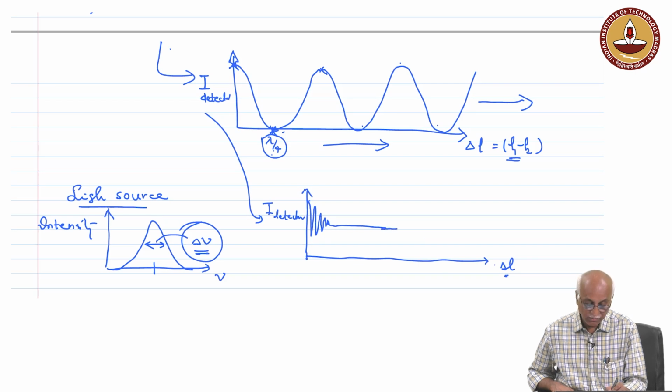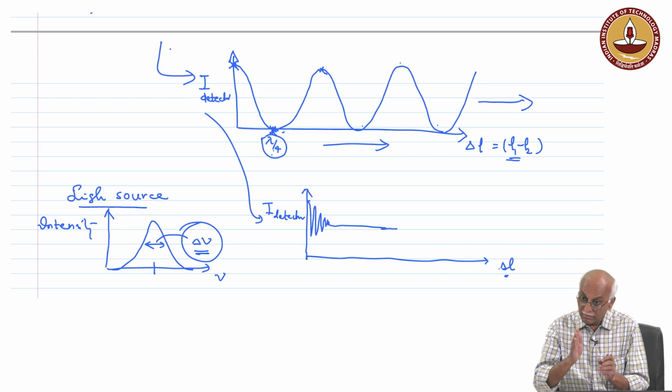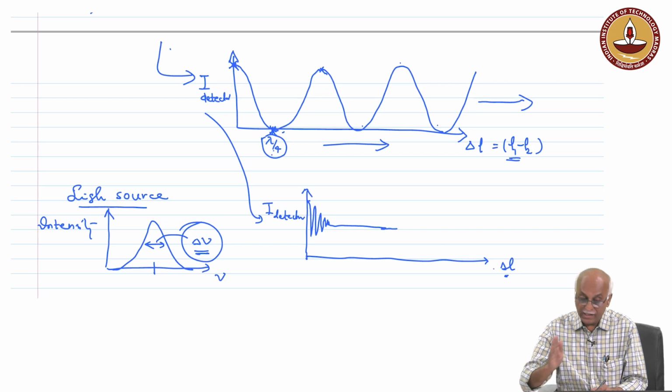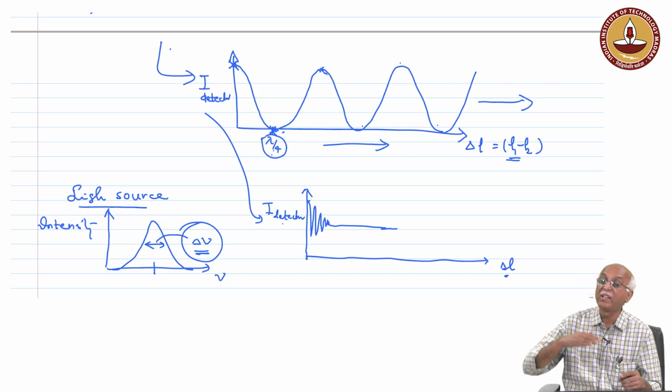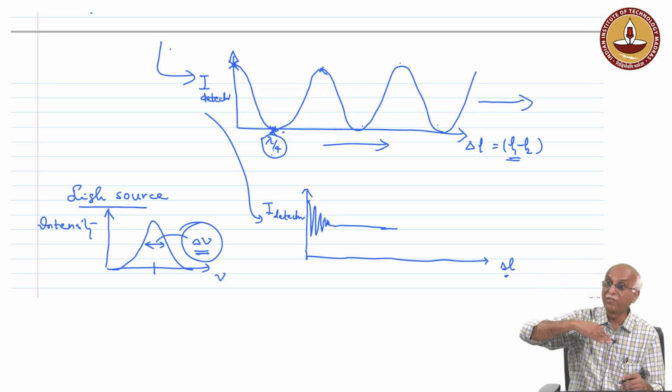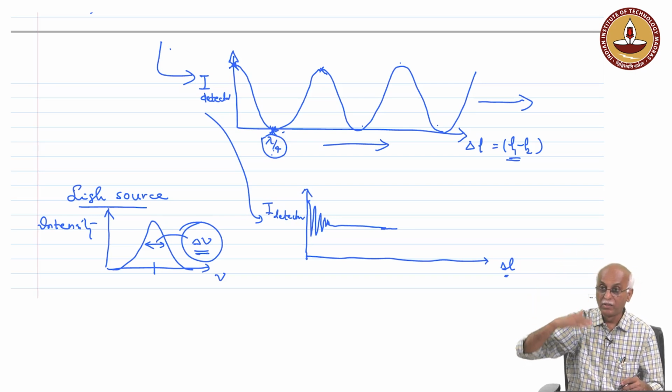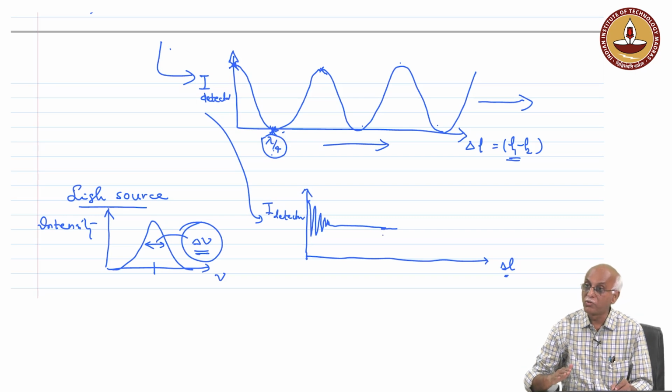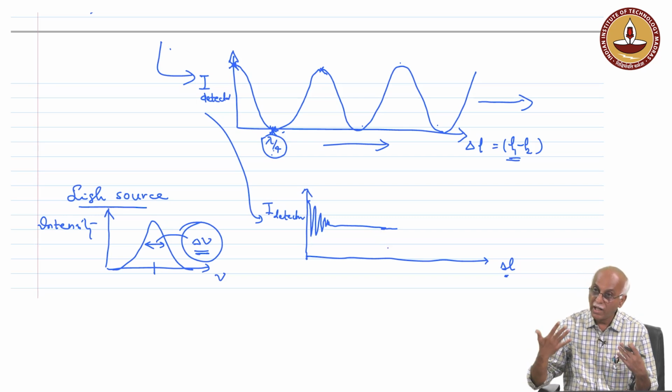Thereafter, even if this mirror is shifting and delta L is increasing, the change in intensity due to the interference is not observed, because now the interference ceases to exist.